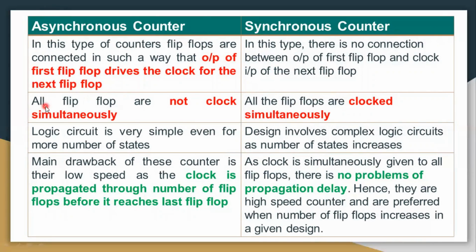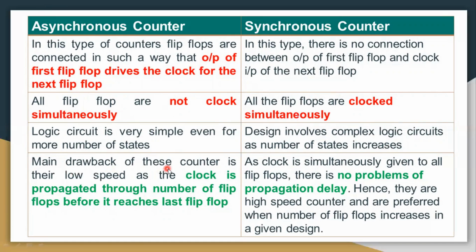In the asynchronous counter, the flip-flops are not clocked simultaneously. The logic circuit is very simple, even for a large number of states. For the synchronous counter, the design involves complex logic circuits as the number of states increases. We know this because we are using an AND gate for the 3-bit synchronous counter.